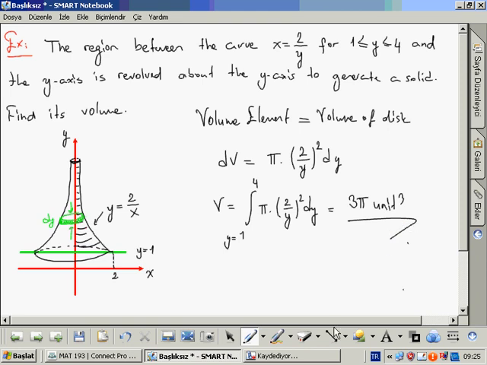And let me talk about the washer method.